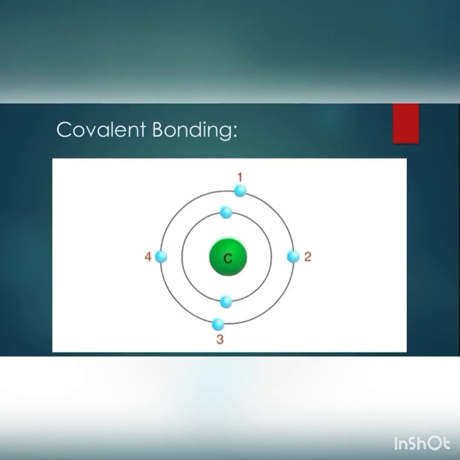Second, we have the covalent bond. It's when electrons between atoms are shared equally, and the more equal they're shared, the more covalent the atoms are. And it usually occurs between a nonmetal and a nonmetal. So let's see how the carbon reacts with hydrogen.